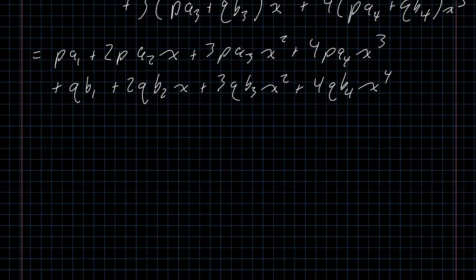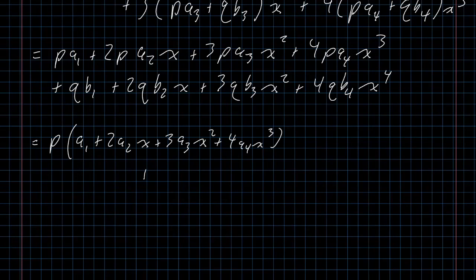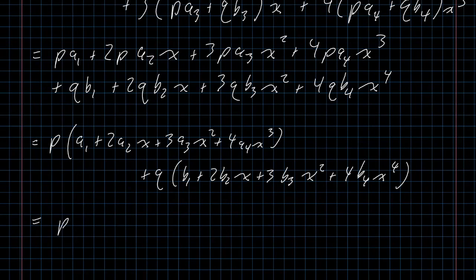Before factoring out the p and factoring out the q, and recognizing that the stuff that's left in the parentheses is exactly my transformation D acting on the function f and my transformation D acting on the function g.